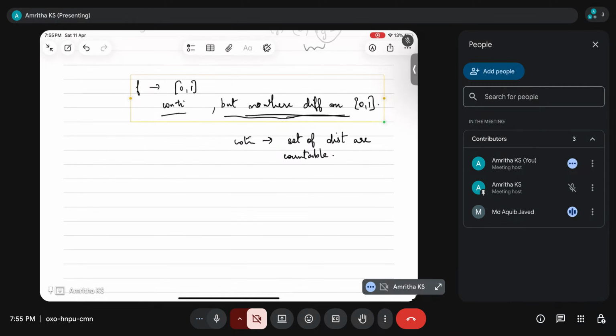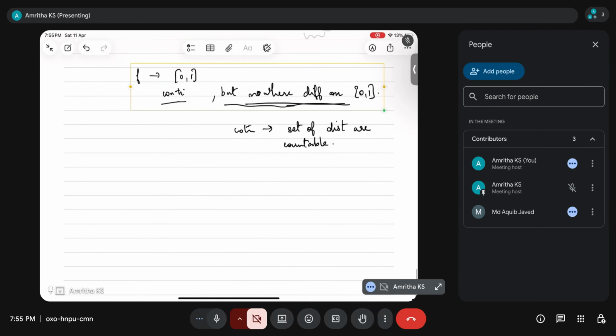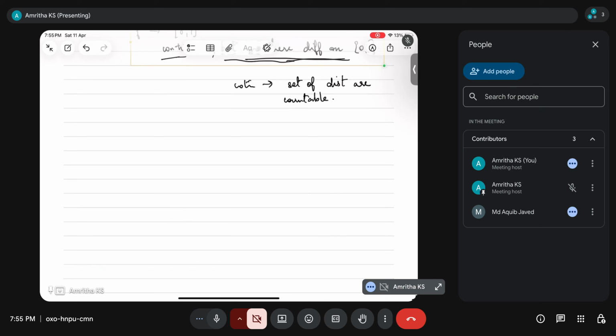Nowhere differentiable means at each point there is some corner. If you take 0, 1, at each point there is some step kind of thing. So this is it.